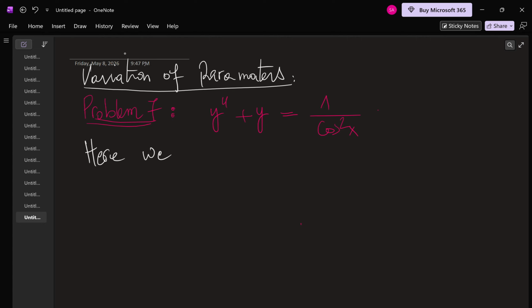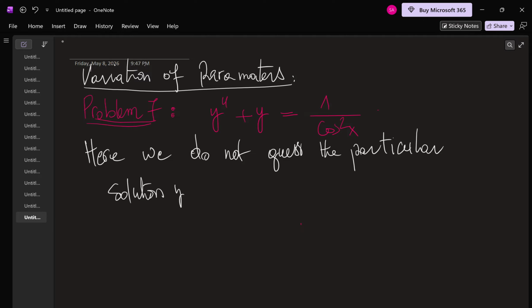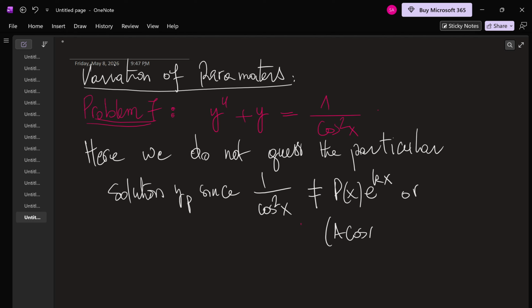Here we do not guess the particular solution yp, since 1 over cosine squared x is not equal to something like a polynomial times exponential kx, or something like a cosine kx plus b cosine kx exponential ax.